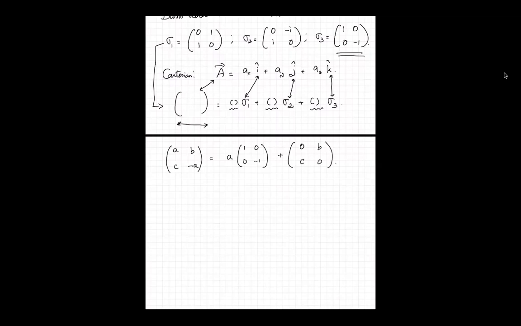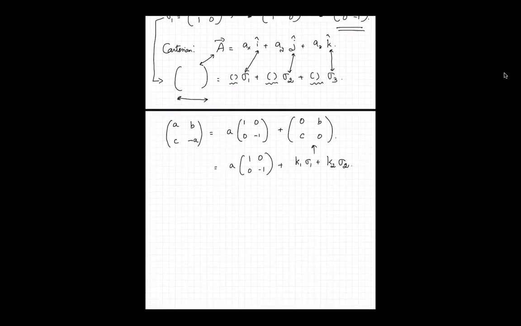Now there is no I here, so this can be written as A times [1, 0; 0, -1] plus some combination of sigma 1 and sigma 2. So some, let us say, K1 times sigma 1 plus K2 times sigma 2. K1 times sigma 1 and K2 times sigma 2 should generate for me this [0, B; C, 0].